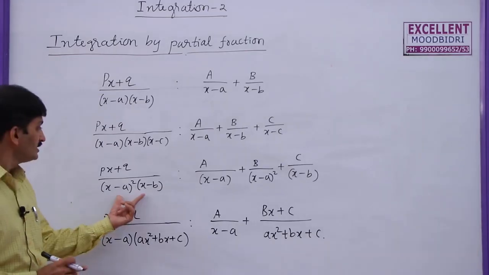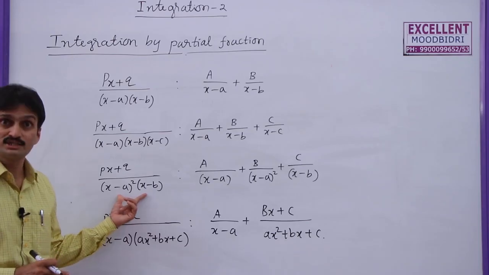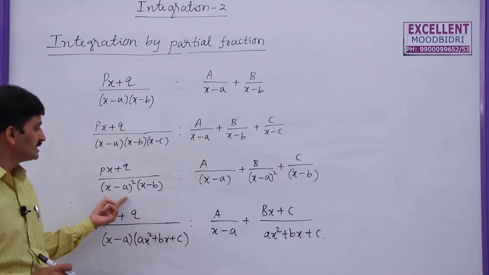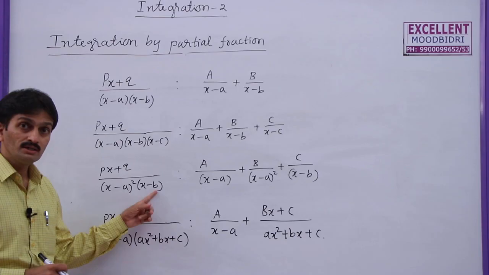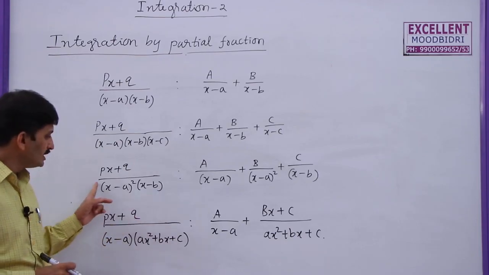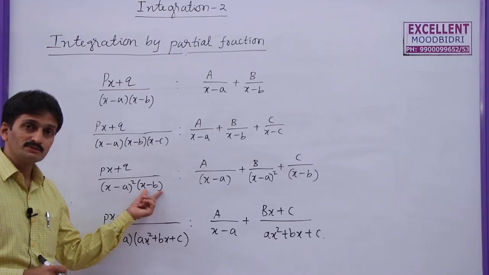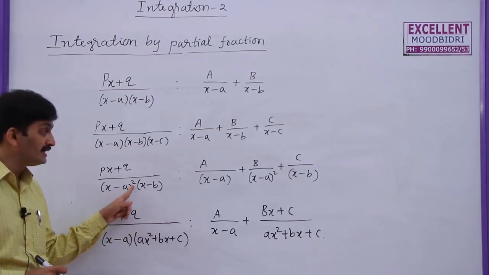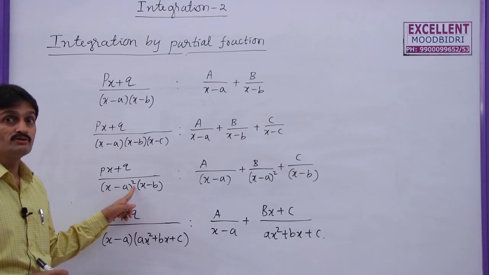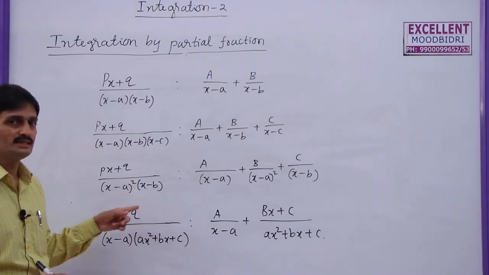Next, look at another type of proper fraction, px plus q by x minus a whole square into x minus b. Here, look into this denominator carefully. One linear factor is there, x minus b, but another linear factor is repeated 2 times. x minus a whole square means repeated, x minus a into x minus a.